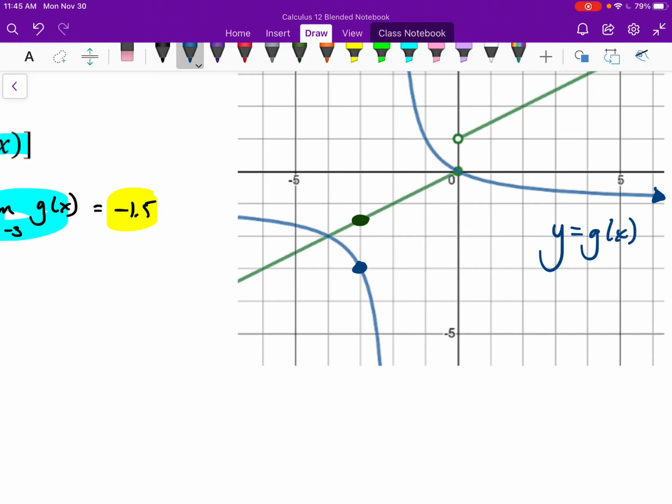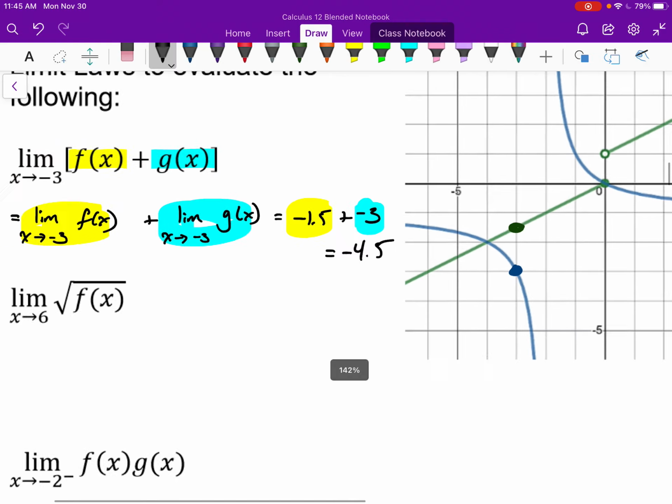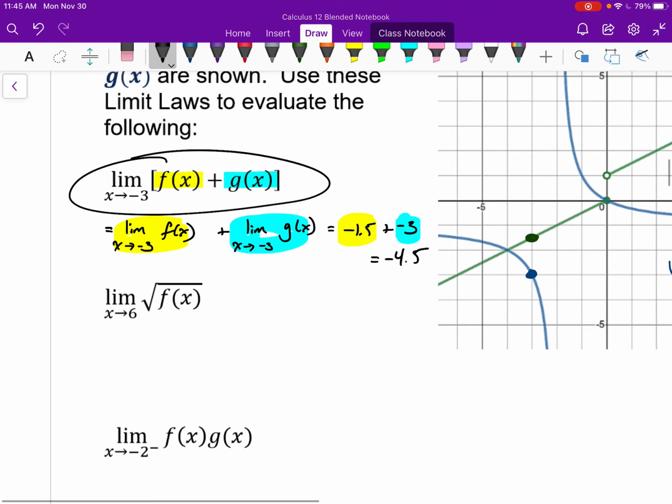That's at -3. And so the limit of g of x as we approach -3 is -3. Now I can just add these together, and I get -4.5 or -9/2. So that is the same as the limit of all of this right here.